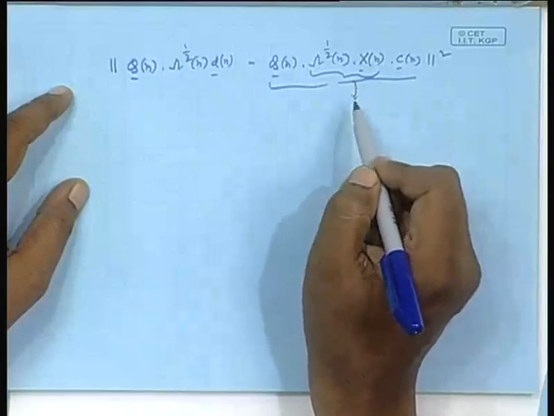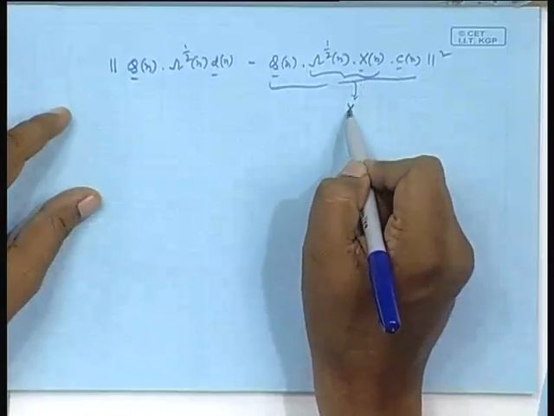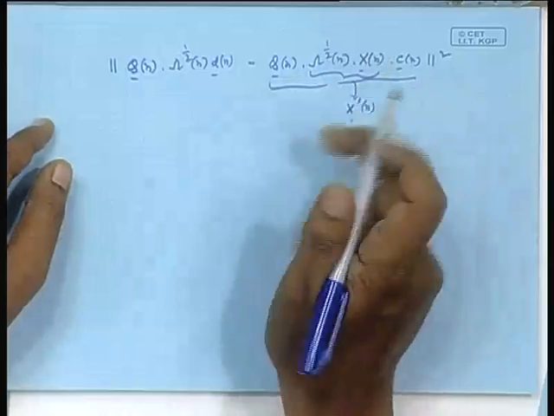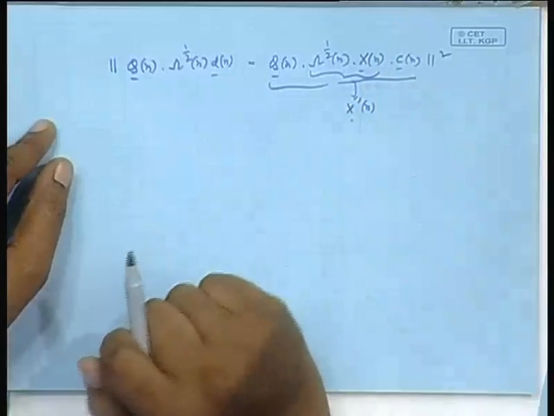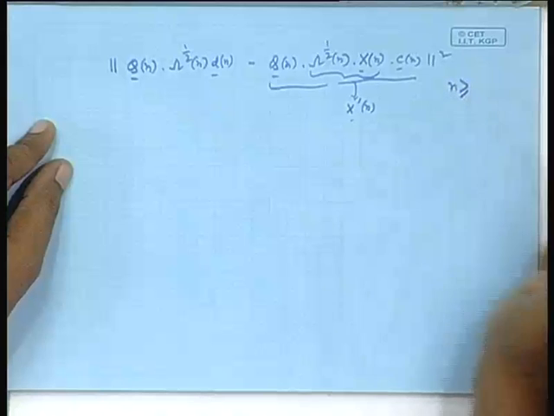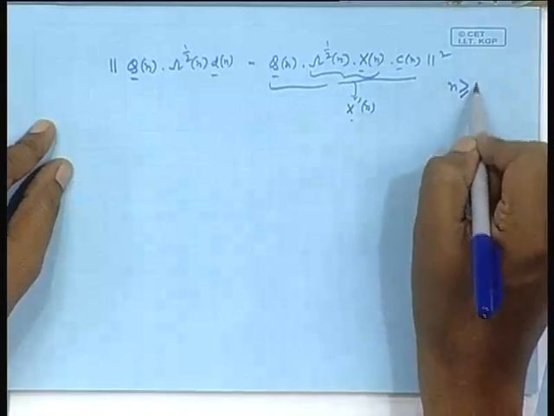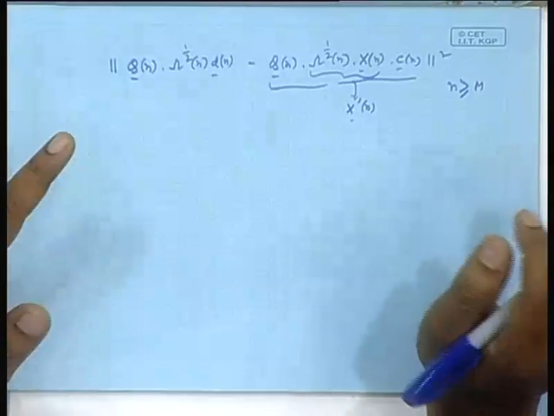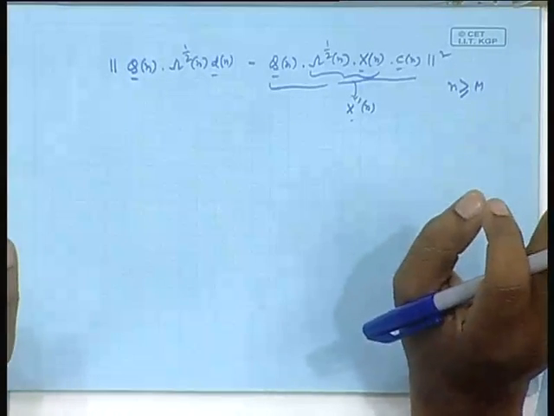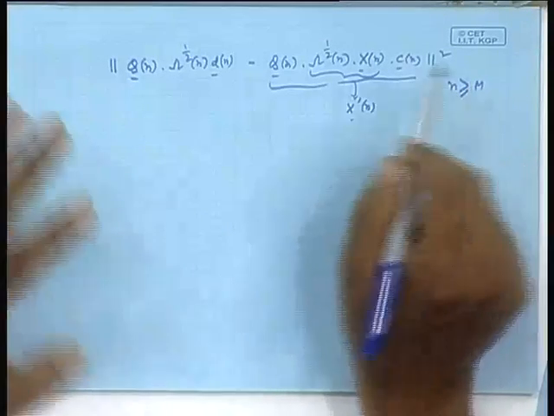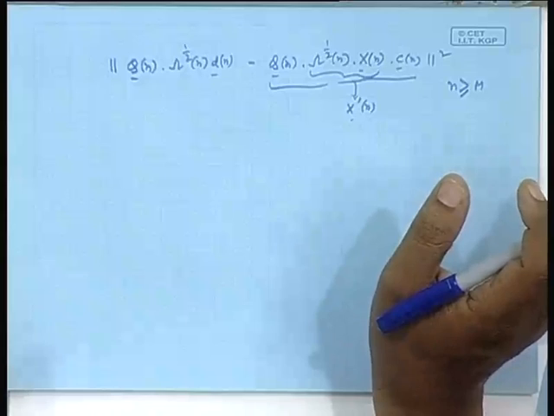You can even, for your convenience, give it a name, say x prime n or something like that, so that I do not have to always say this into this. And assume the index n to be, of course, greater than or equal to m. That is always there. Otherwise, linear independence will be violated automatically. How to take care of situations where n is less than m, that we will do separately.